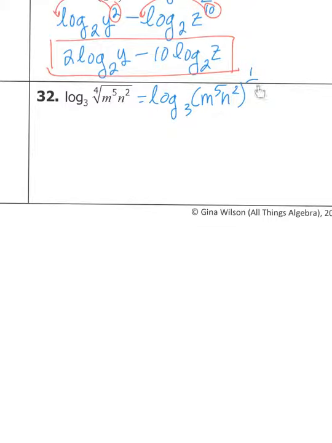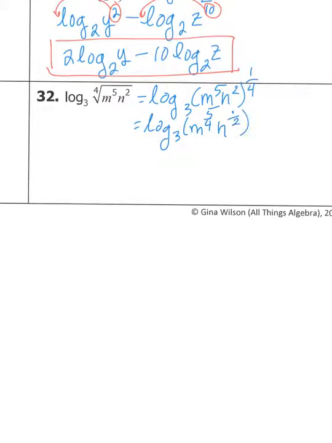The index is 4, so a 4 goes in the denominator. Power to a power, you want to multiply exponents. So I'm going to end up with log base 3 of m to the 5/4 n to the 2/4, which is 1/2.